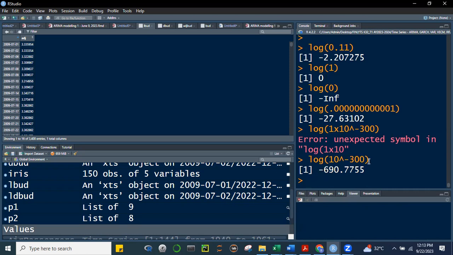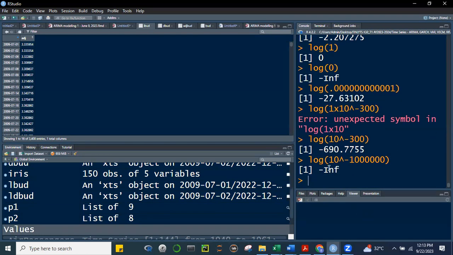If I decrease this further, class, it will become a smaller negative. Okay, last example: log of 10 to the negative 1 million. This is a very, very small number, right? And the answer here is infinite, it can't handle it anymore. That means it's very, very, very small. It approaches 0, it's infinitely small, but it does not become 0.